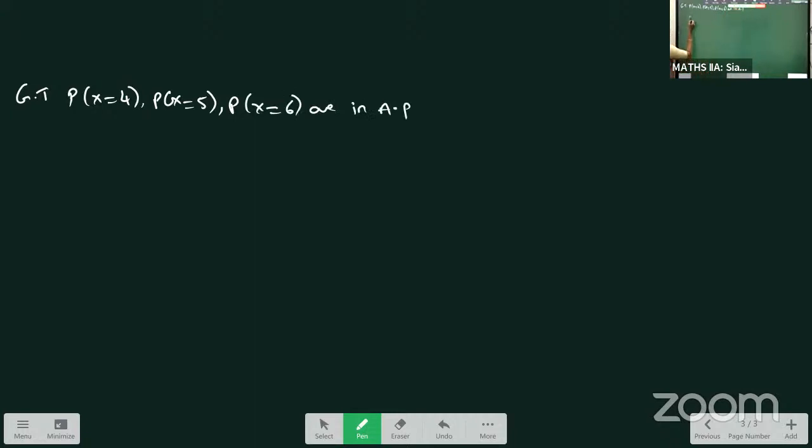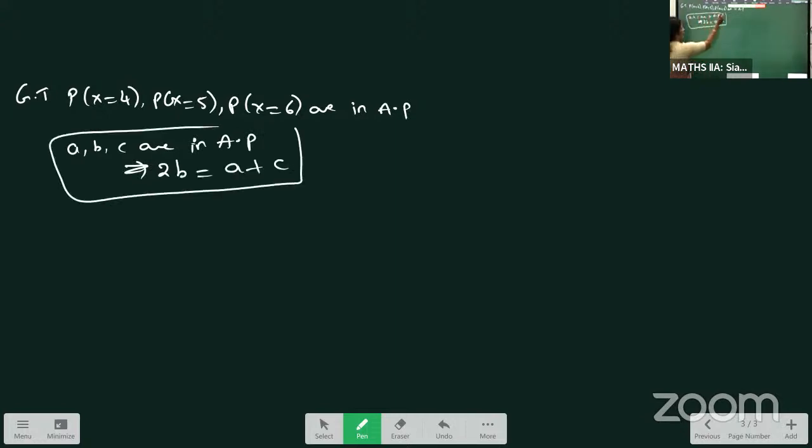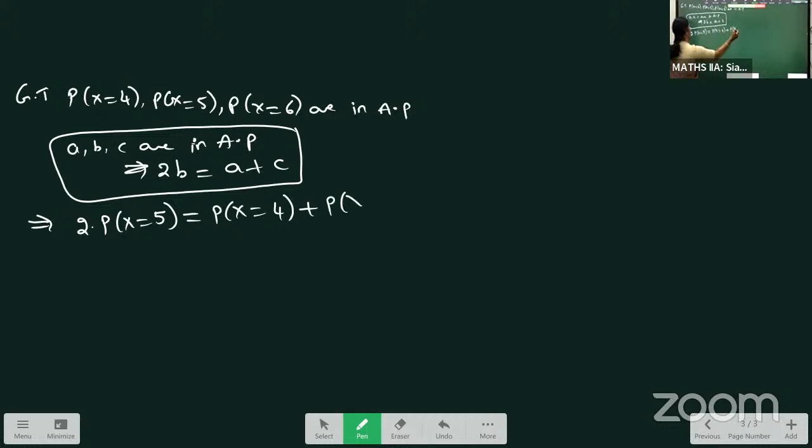We know a property: when A, B, C are in AP, the condition is 2B equals A plus C. Treat the first term as A, the second term as B, and the third term as C. Apply this concept: 2 into P of X equals 5 equals P of X equals 4 plus P of X equals 6.